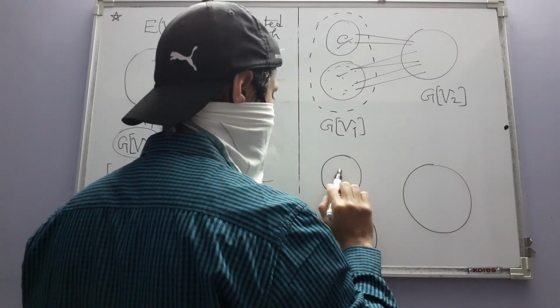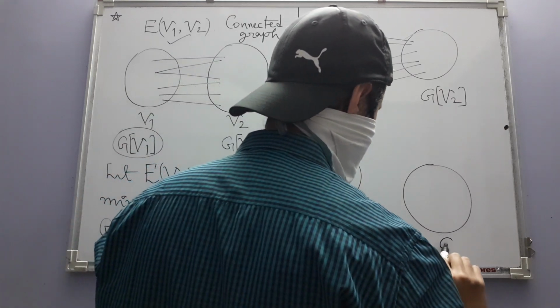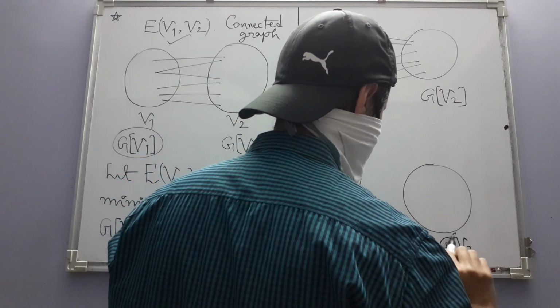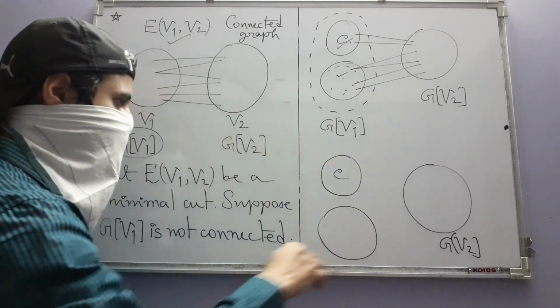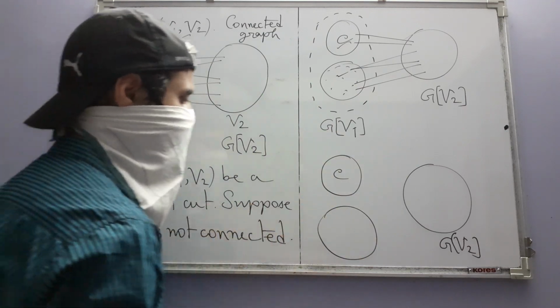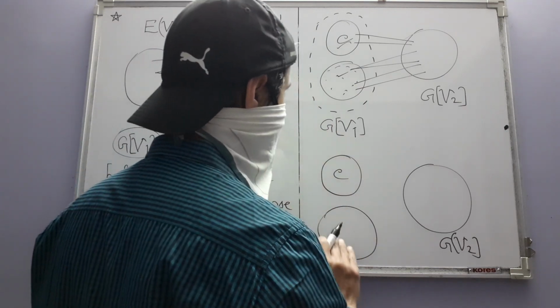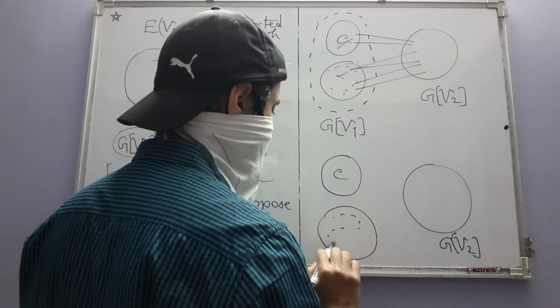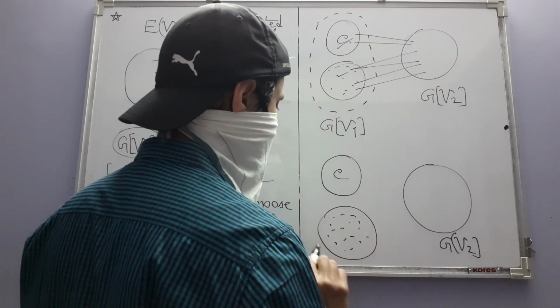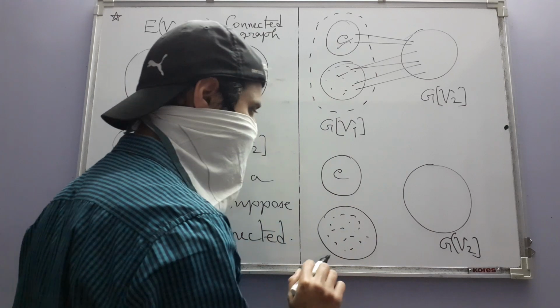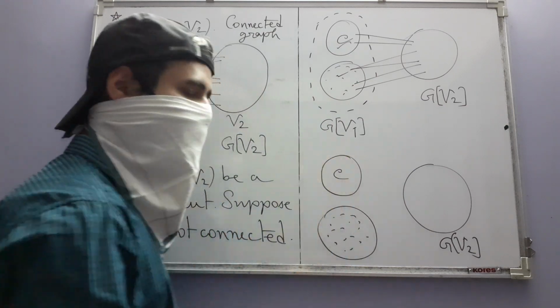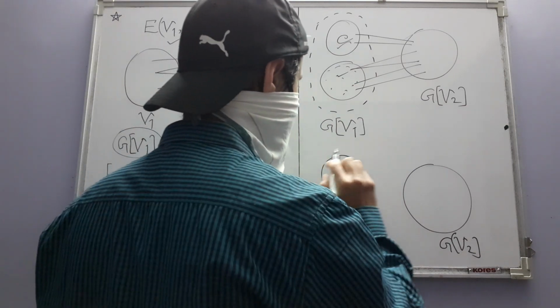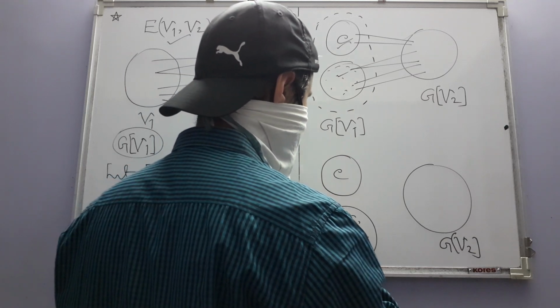So this is C, this is GV2, and GV1 of course we have, but since we are now going to do something else, I am not writing GV1. This part is whatever we have in GV1 besides C. So now my partition is this.